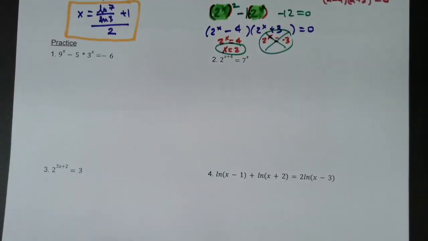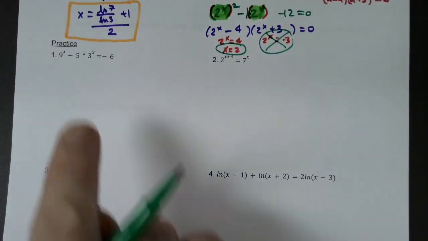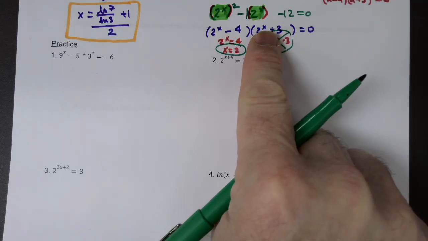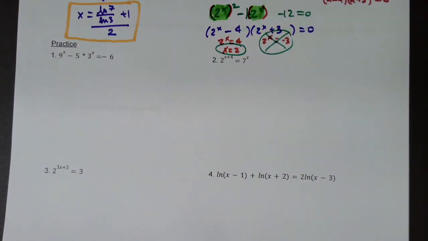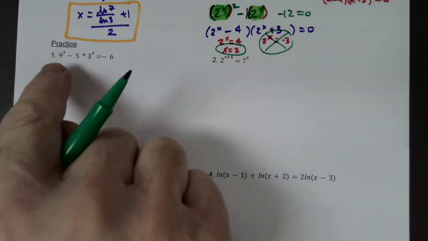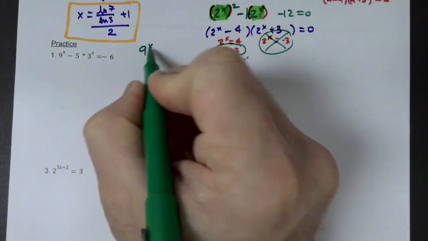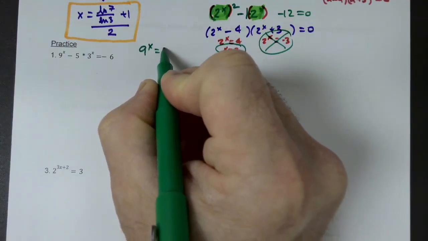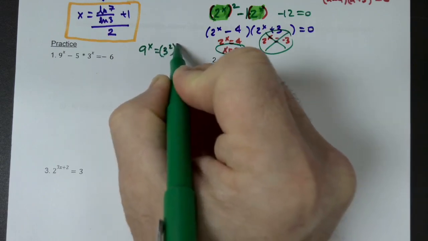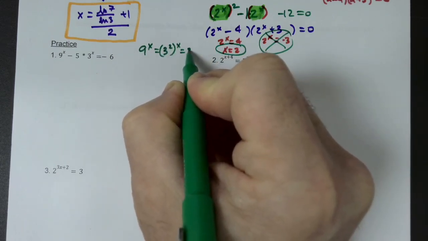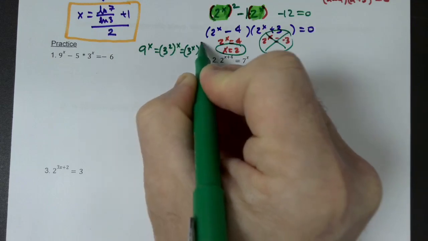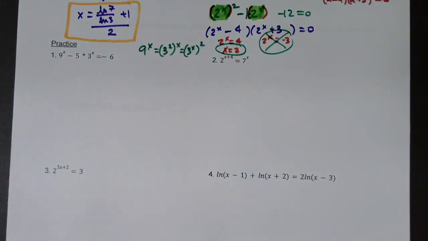Let's do a few more like these. Okay. First one, very similar to the one we just did. The trick here is recognizing that 9 to the x can be written as 3 squared to the x, or 3x quantity squared, or 3 to the x quantity squared.